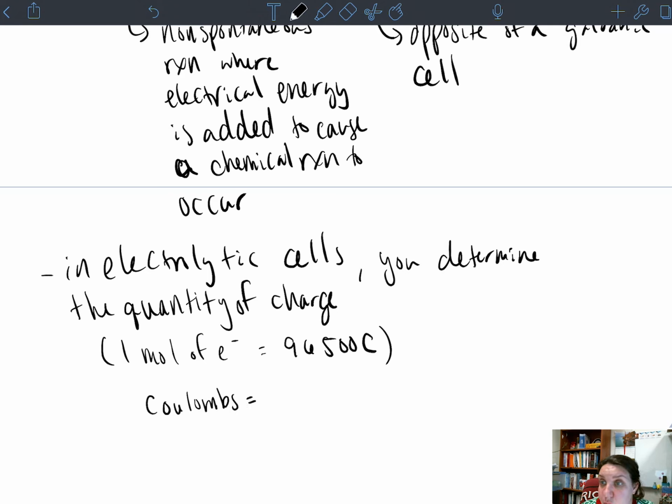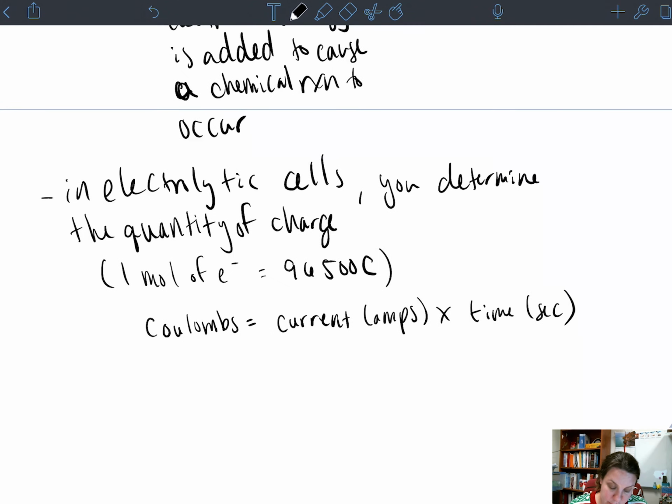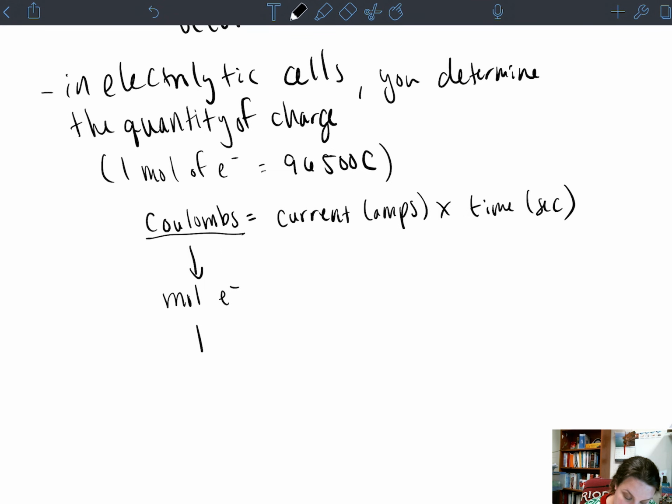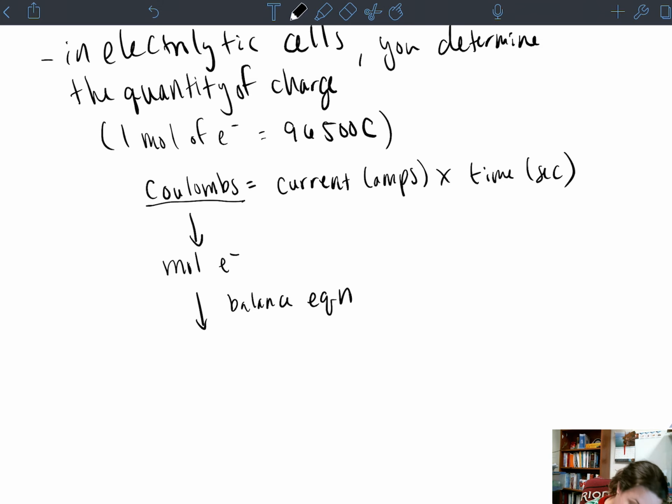You can take your coulombs and set that equal to your current in amps times your time in seconds. So using your coulombs, determined by taking your amps times your time, you can convert it into moles of electrons. And from there, using your balanced equation, you can determine your moles of substance.